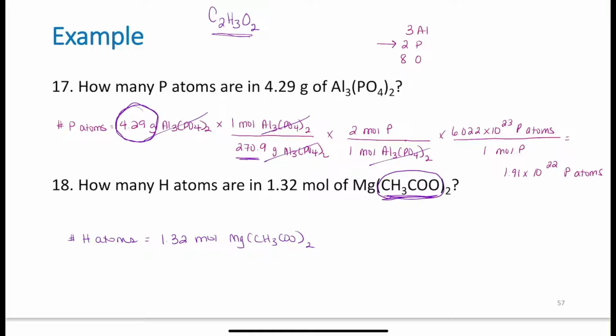So 1.32 moles of magnesium acetate. I'm already in moles of magnesium acetate at this point, so I don't have to even deal with the molar mass. I can just use my conversions here. I see that acetate has 3 hydrogens in it, but I have a 2 out here. So I have 2 acetate ions for every 1 magnesium acetate compound.